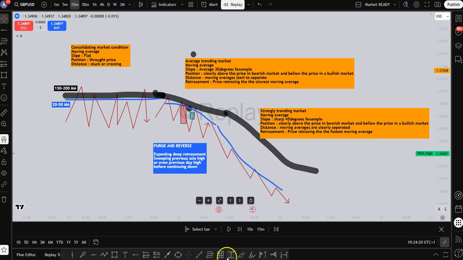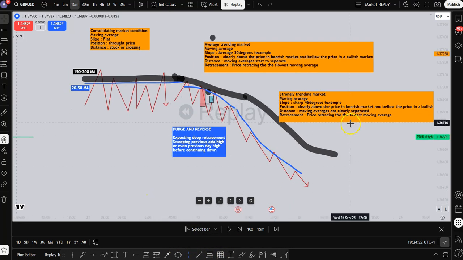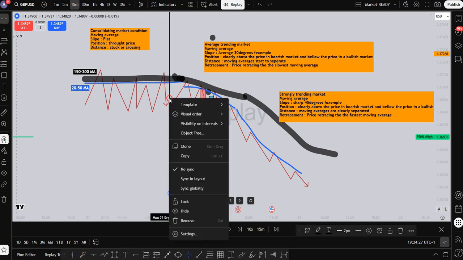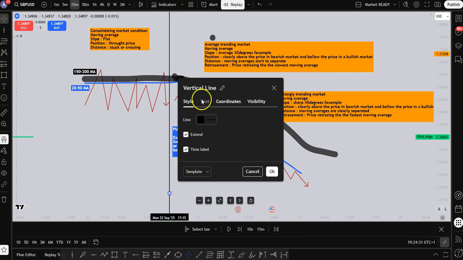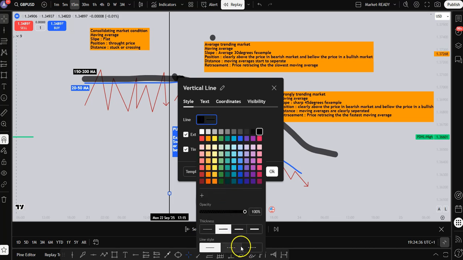Okay, I want to separate these three market conditions with a vertical line.